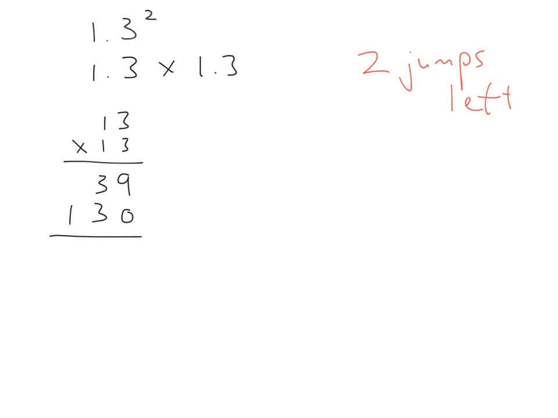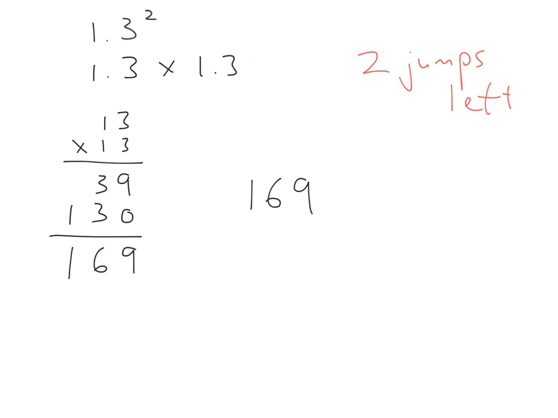Now we can add these up. So 9 plus 0 is 9. 3 plus 3 is 6. And 0 plus 1 is 1. So we got 169. So we can write this over here. And we know that we need to jump left twice because we counted the number of decimals in the original question, 1, 2 decimals.